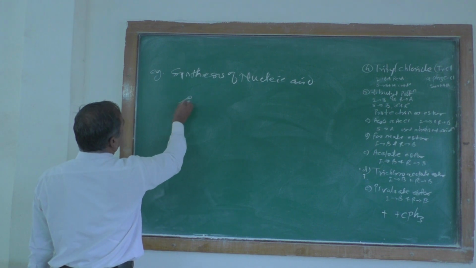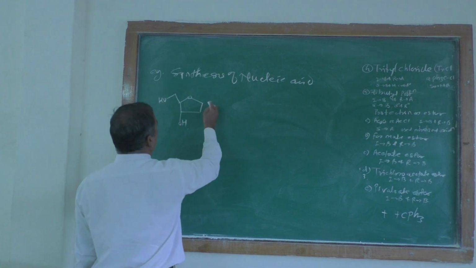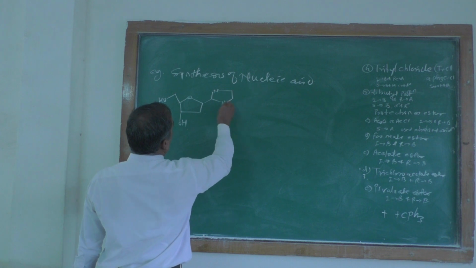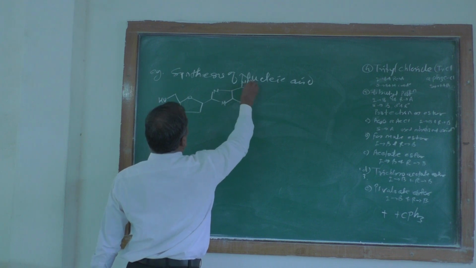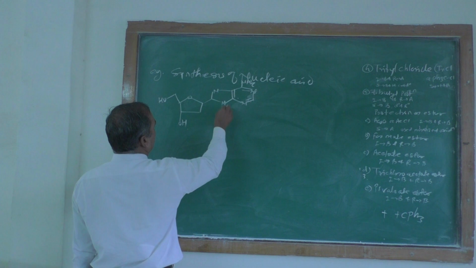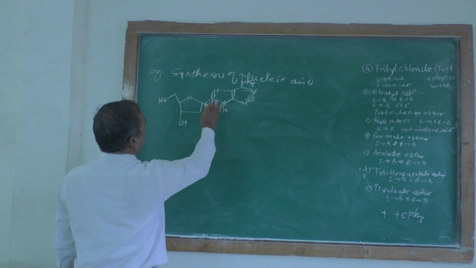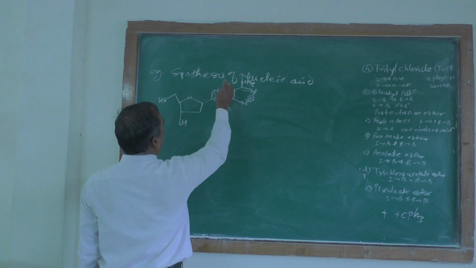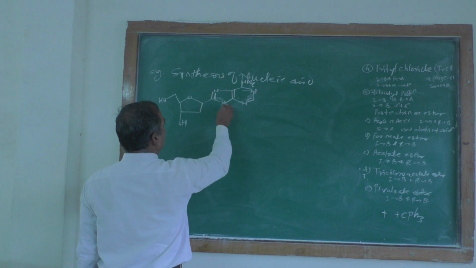So let us look at one of the structures: OH, then here OH, then here a nitrogen atom, then a 5-membered ring, then a 6-membered ring with NH2 and double bonds, and so on.